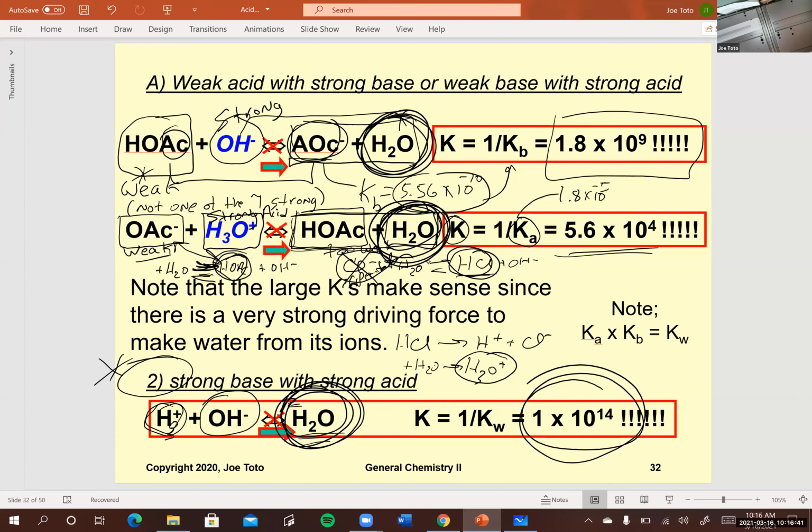So my argument here is you have to beware. Whenever you see a reaction involving a strong acid or base with a weak acid or base, the reaction is a Chem 200 type reaction, a limiting reagent type, and lies way to the right, because there's a strong driving force for making water and a salty water.